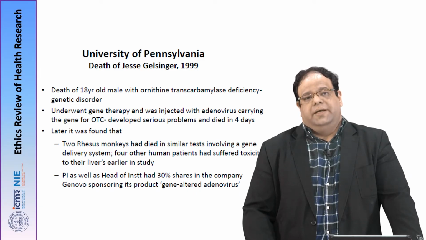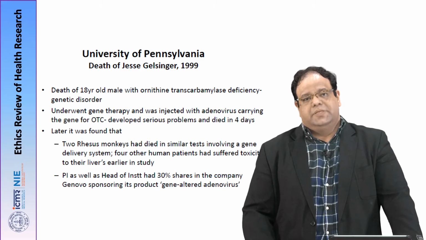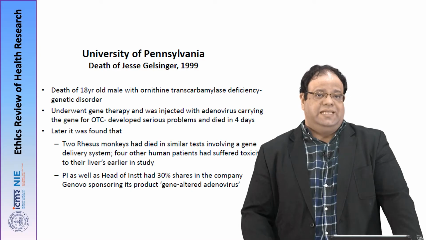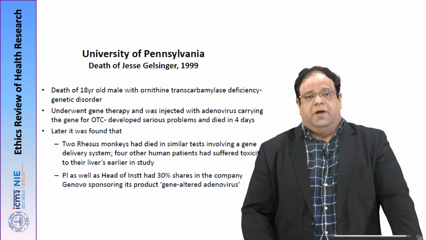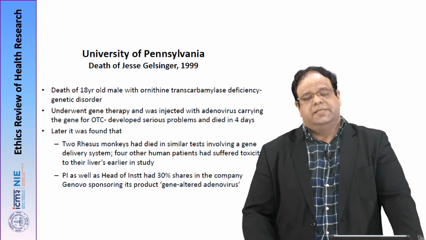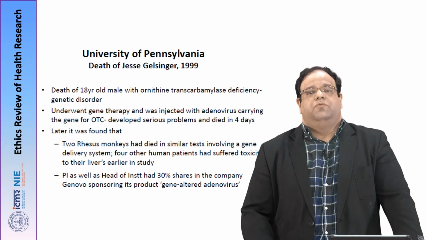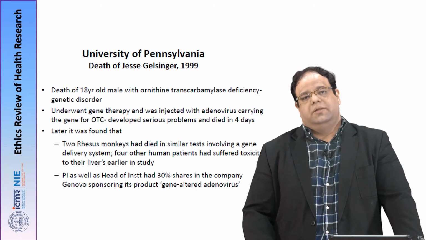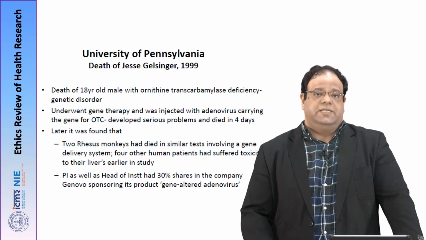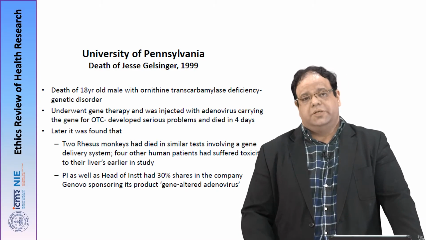Unfortunately, Jesse developed serious problems and died within 4 days of undergoing this gene therapy. Later, it was found that there had been some safety concerns with this therapy. 2 rhesus monkeys on which earlier research had been done with this therapy had died in similar tests. 4 other human patients who had undergone preliminary testing with this gene therapy had suffered acute toxicity to their livers earlier in the study.